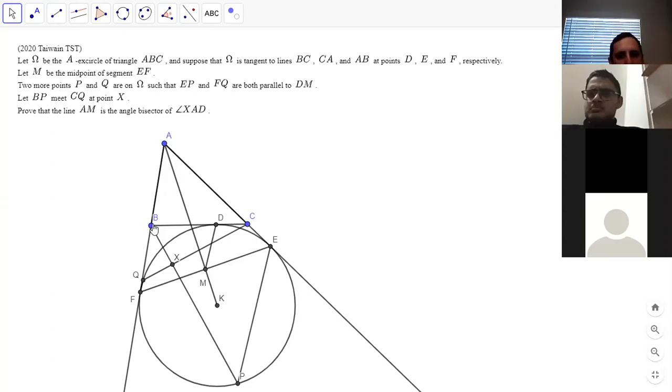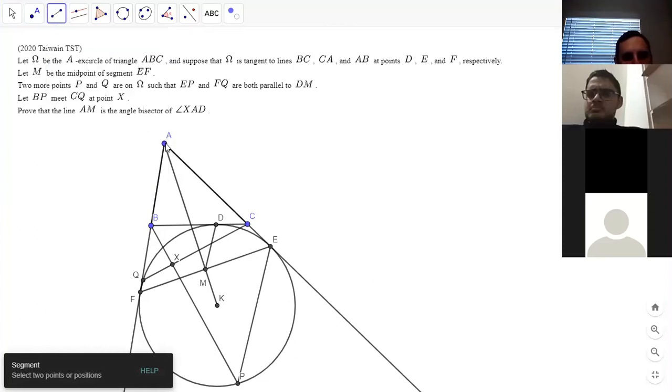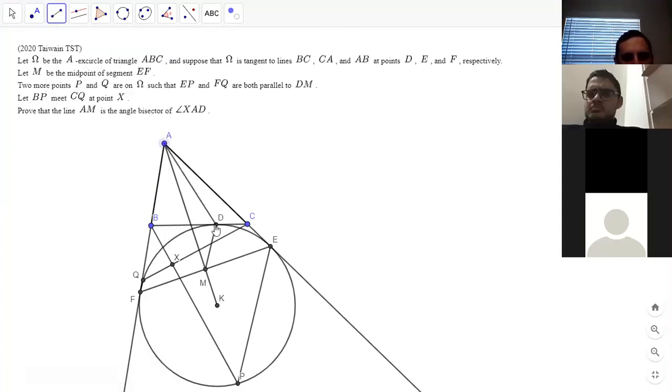We will have AD as a symmedian of triangle DEF, right? I think that is a well-known fact.